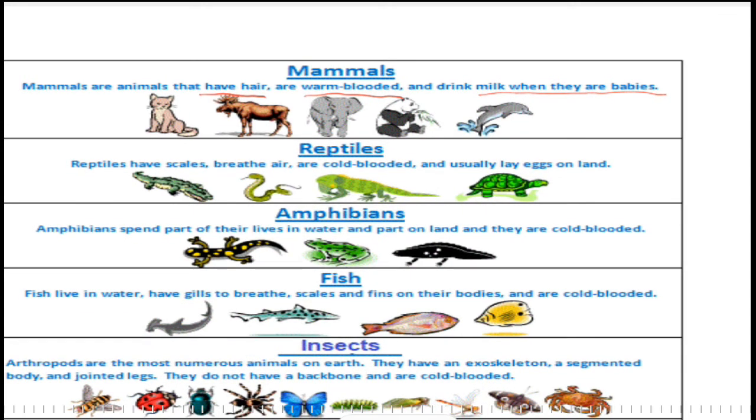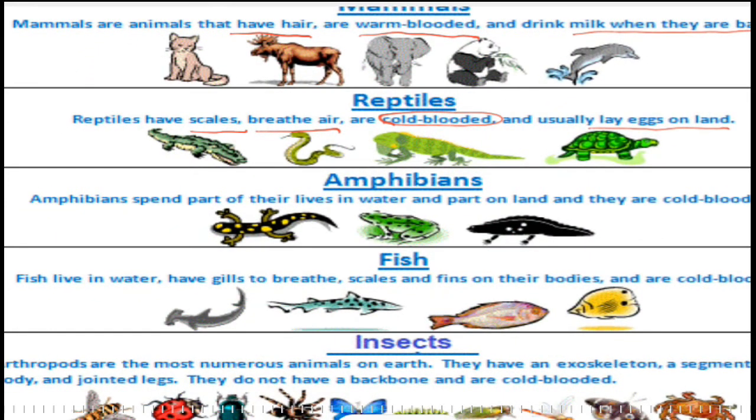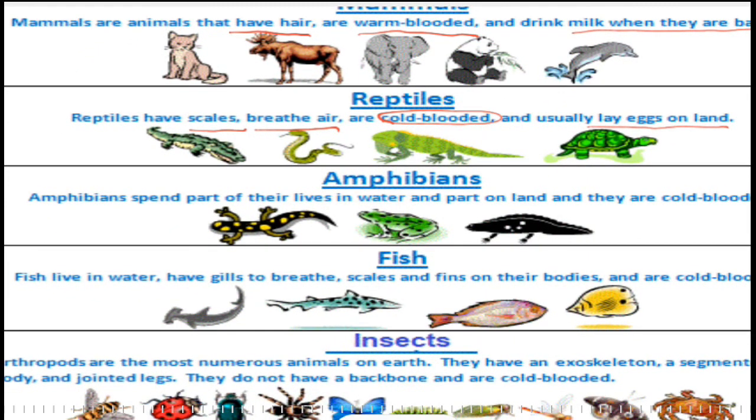Hope you understand. The second type of animals, reptiles, have scales, breathe air into their lungs, are cold-blooded, and usually lay eggs on land. For example, crocodile, snake, iguana, lizard, and turtle.